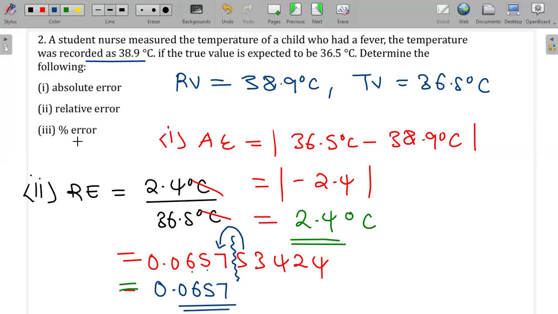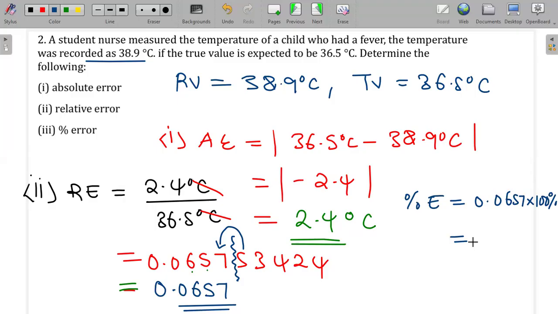What about my percentage error? Percentage error, we just said, is the relative error, 0.0657, multiplied by 100%. When I multiply this on my calculator, what am I getting as my percentage error?